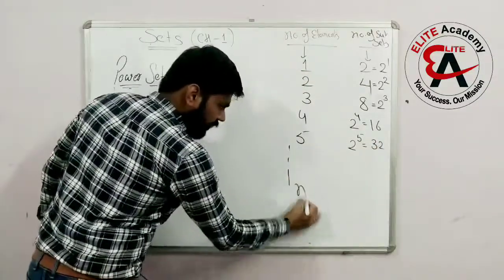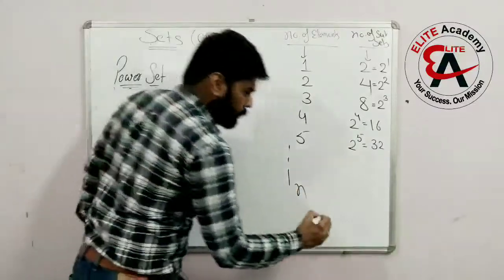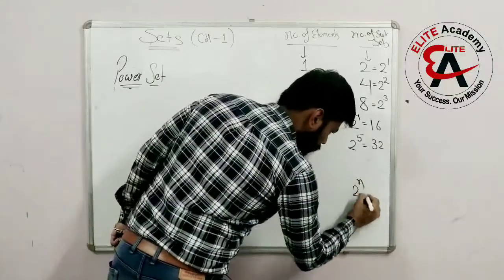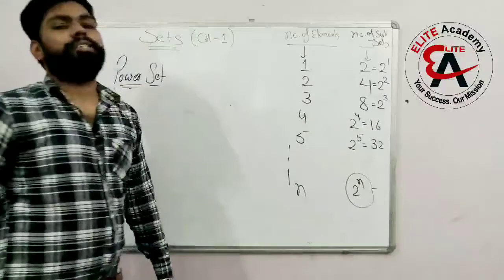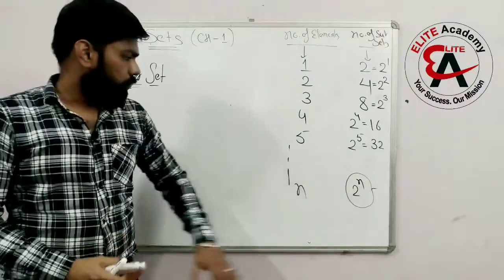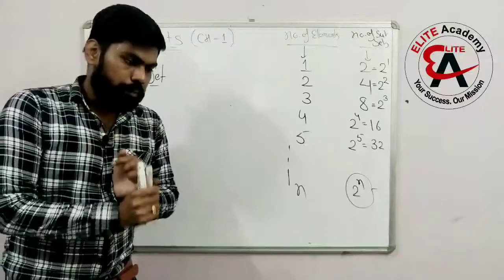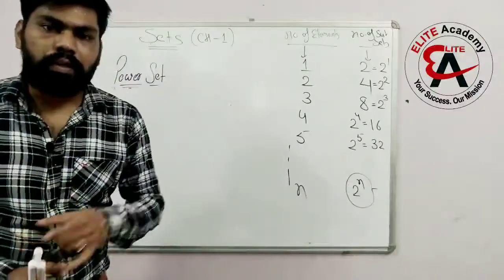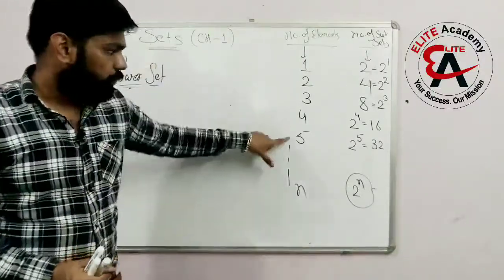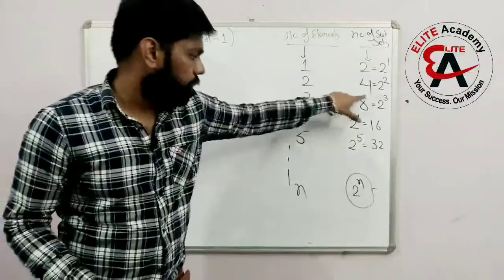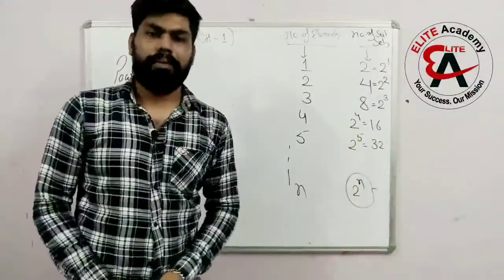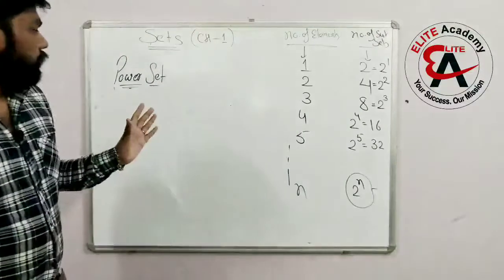If there are n elements, the number of subsets will be 2 to the power n. It should be clear. So this is a way of counting the number of subsets. The number of subsets is equal to 2 to the power of the number of elements. 5 elements, 5 power, 3 elements, 3 power, n elements, n power. So is this clear?